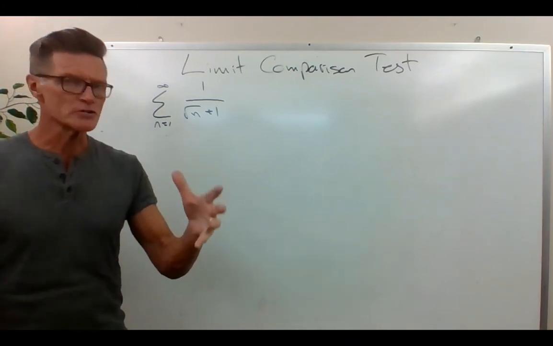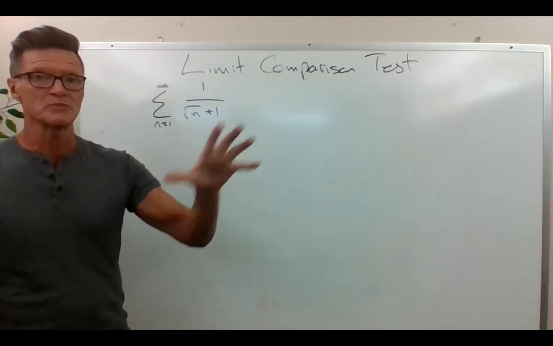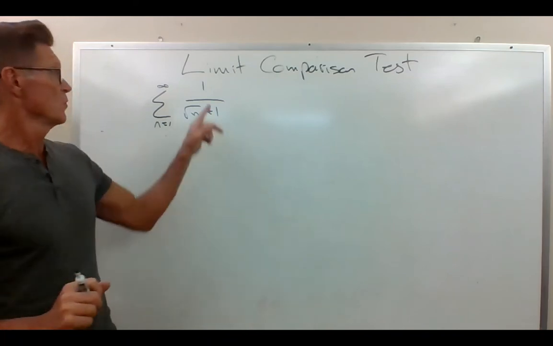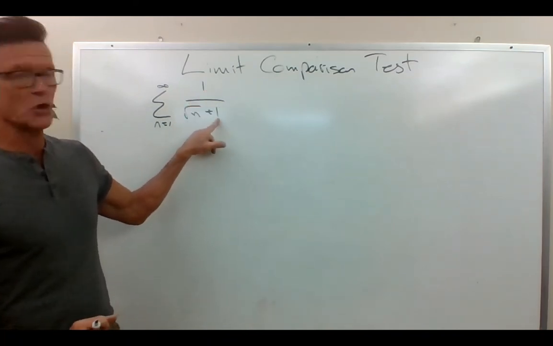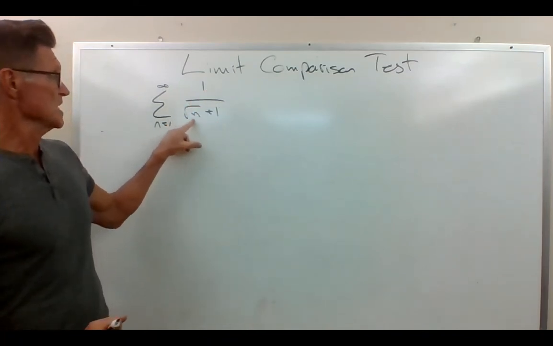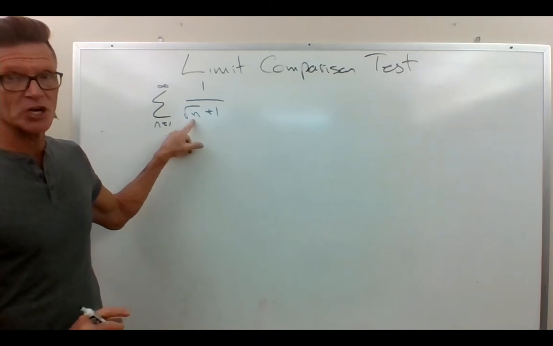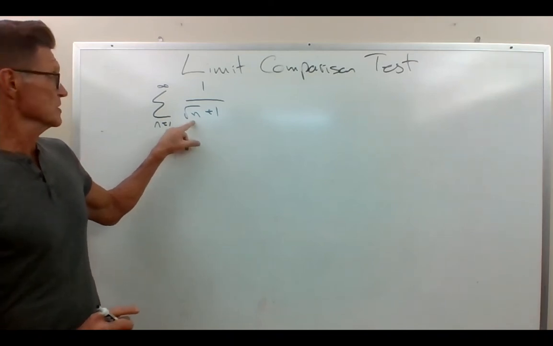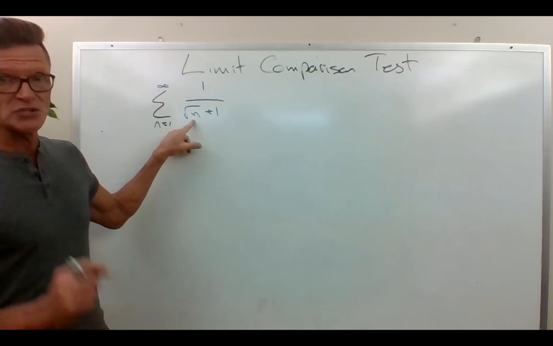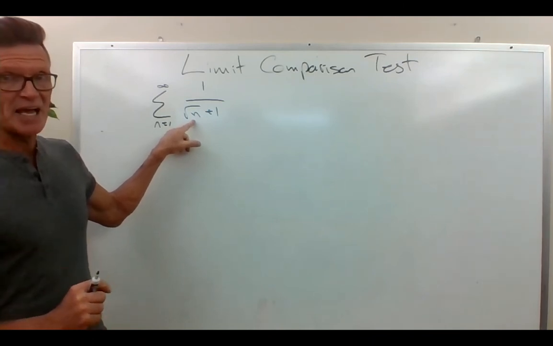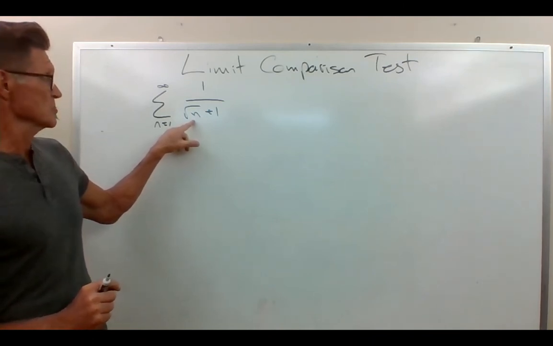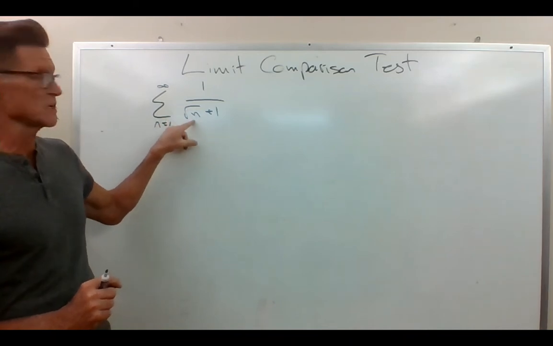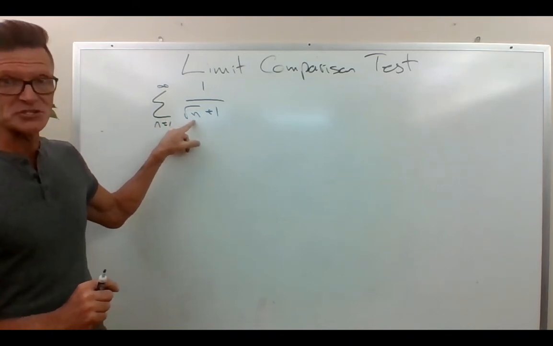No matter how large n becomes, 1 is always 1. But this term right here is getting larger and larger. So this term right here is the crucial term. As n approaches infinity, this is the only term that really matters.